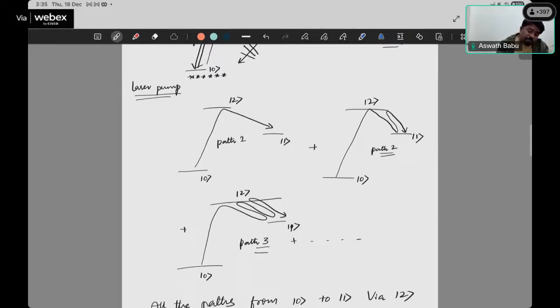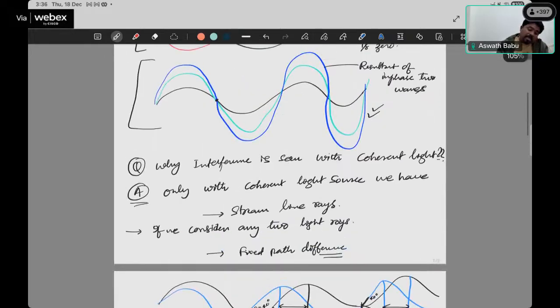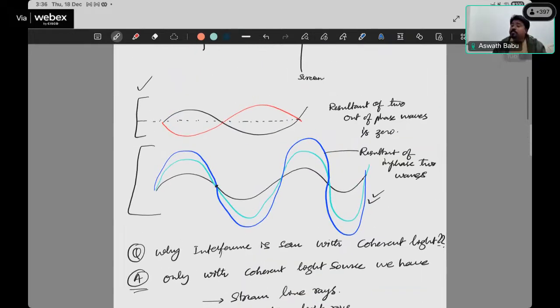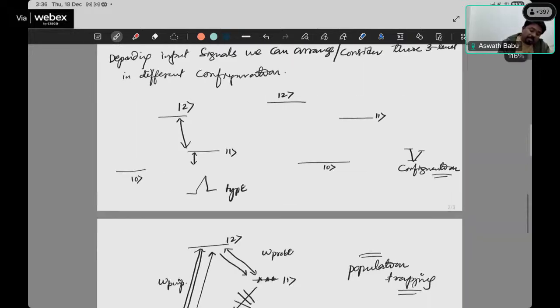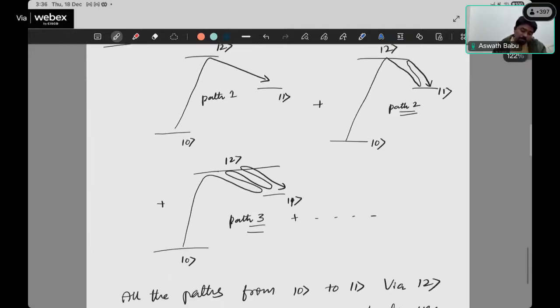But what kind of interference did we just see so far? Light interfering and giving a positive or a zero effect. When it comes to experiments, it is the transition of the electrons between any two levels. Now you see, I am talking only about the transition from 0 to 1.